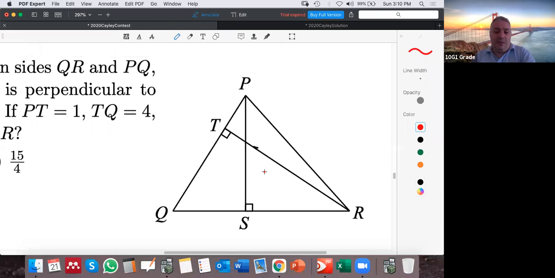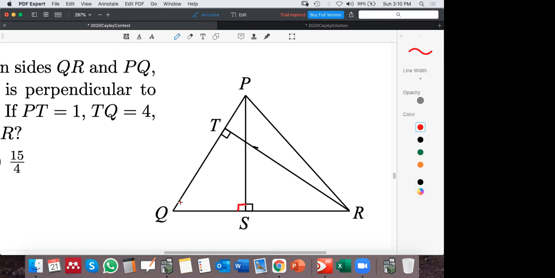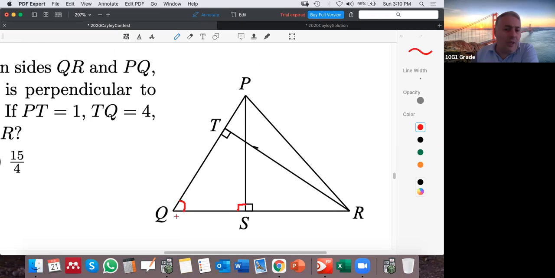So when I look at these triangles, let us look at them together first. This is 90 degrees, given. So can I say this is also 90 degrees directly? Yes, because it's perpendicular. Let me call this any letter, whatever you want. Let me call it alpha, beta, gamma, whatever. Alpha, let me say here right now. This is alpha.